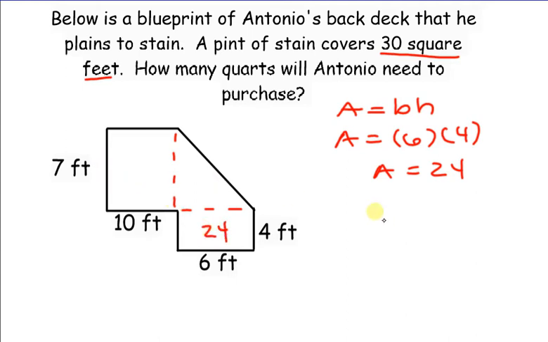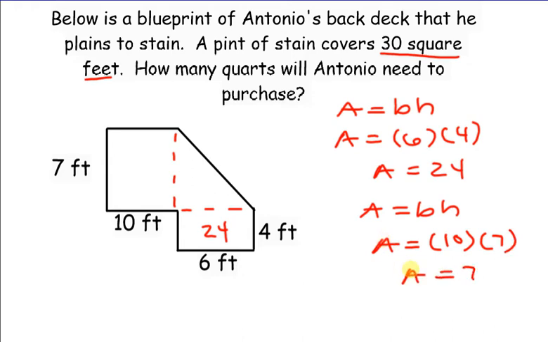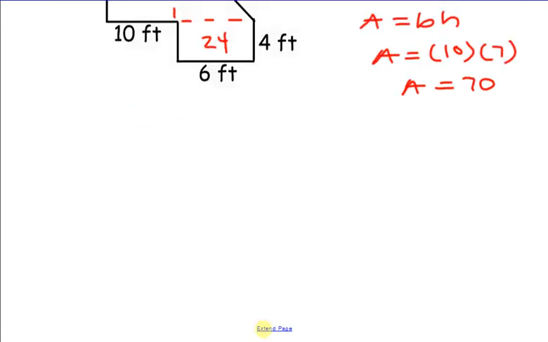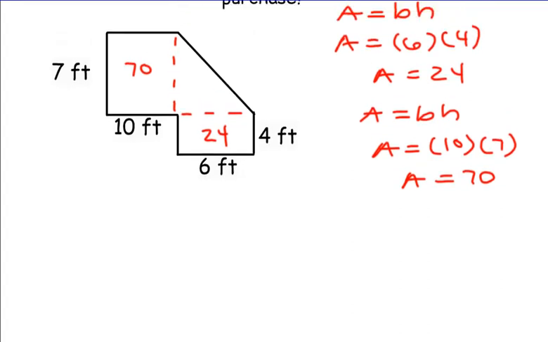I'm now going to take care of this rectangle. Area equals base times height. Area equals base of 10, height of 7. Area equals 70. So this one right here is 70. And now I'm going to take care of my triangle. Area equals base times height times 0.5.